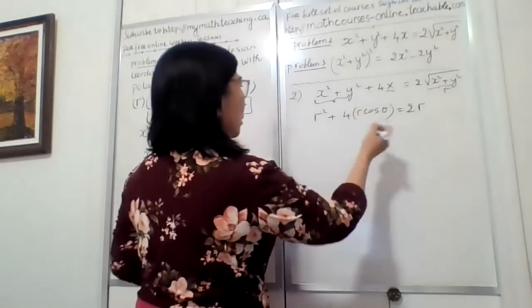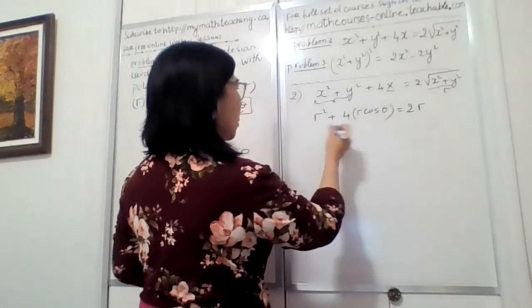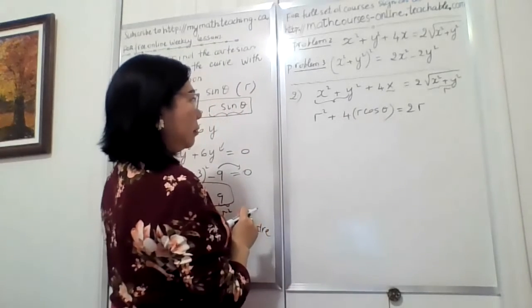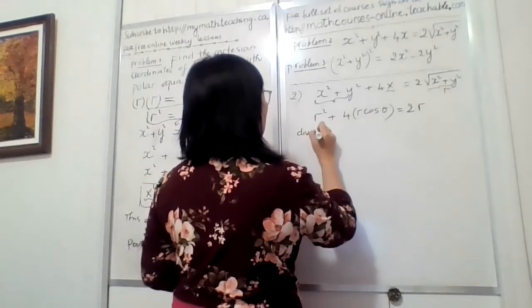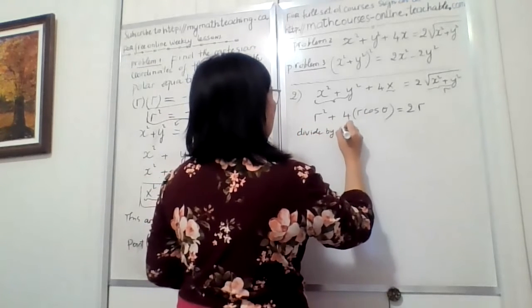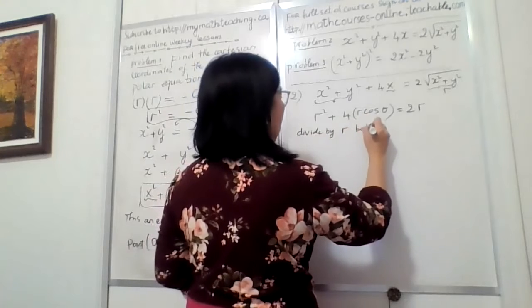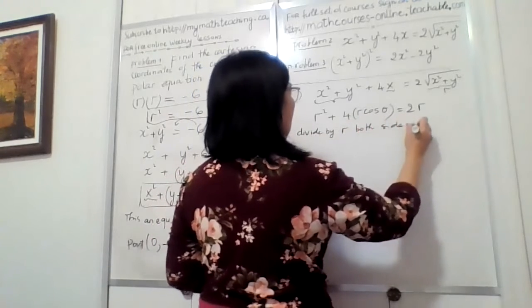So that's almost already there. Now I'm going to divide both sides by r, right?